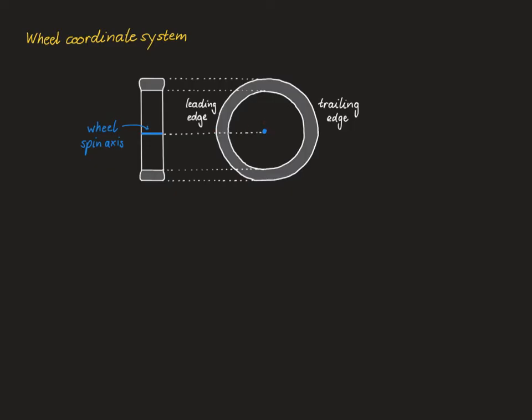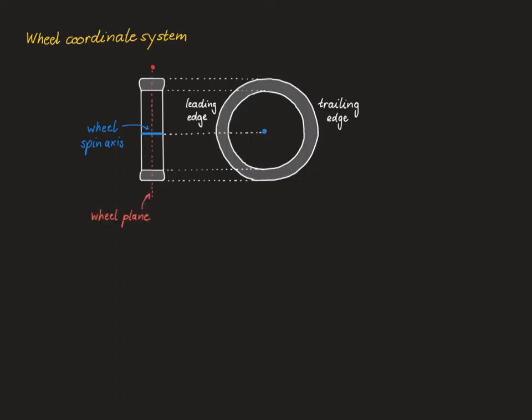For the frontal perspective, we assume that the direction of travel is into the plane. So we're basically facing the trailing side of the wheel and the leading side of the wheel is behind the plane. We already see the wheel spin axis in blue in the frontal perspective and the sidewards perspective.